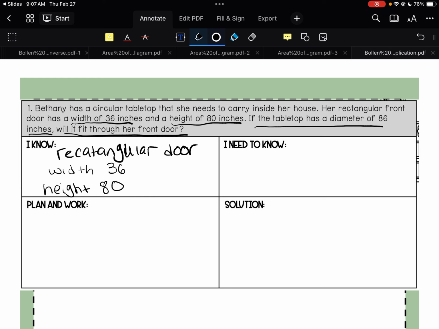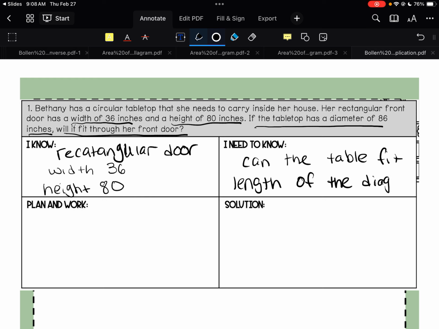So what you need to know is can the table fit? And what you need to find out is the length of the diagonal. Because when you would lift something, you would put it through the door on the diagonal.